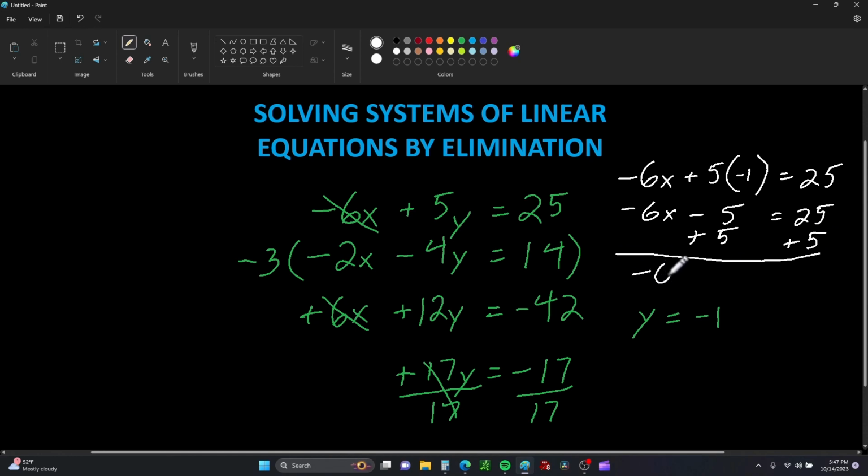And I get minus 6x equals 30. If I divide both sides by minus 6, I get that x equals minus 5. So this system of equations solves to be minus 5, minus 1, and it meets in a single point.